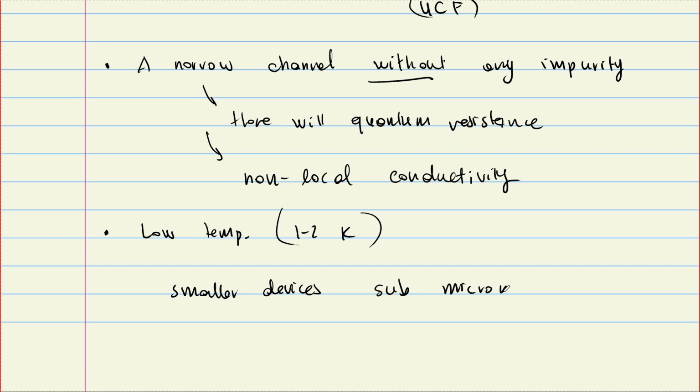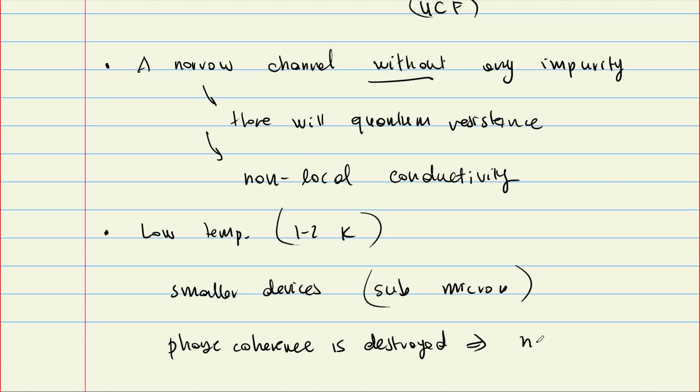because if your device is bigger than that, there is what we call phase coherence, and there are things like phonons, electron interaction, and some impurities with internal degrees of freedom. They can destroy the phase coherence, and then phase coherence is destroyed.